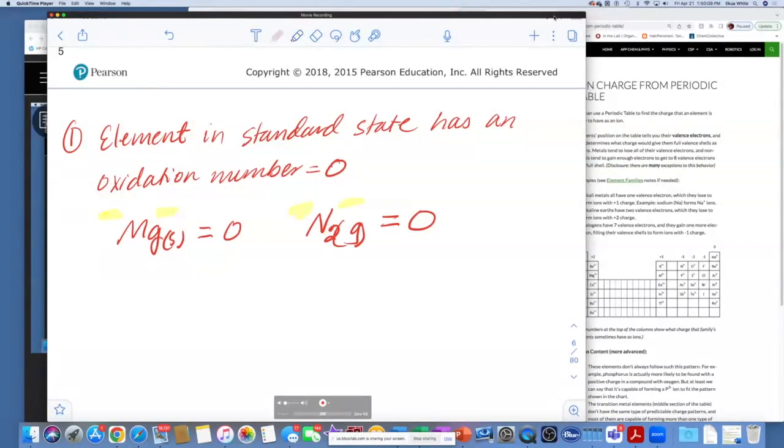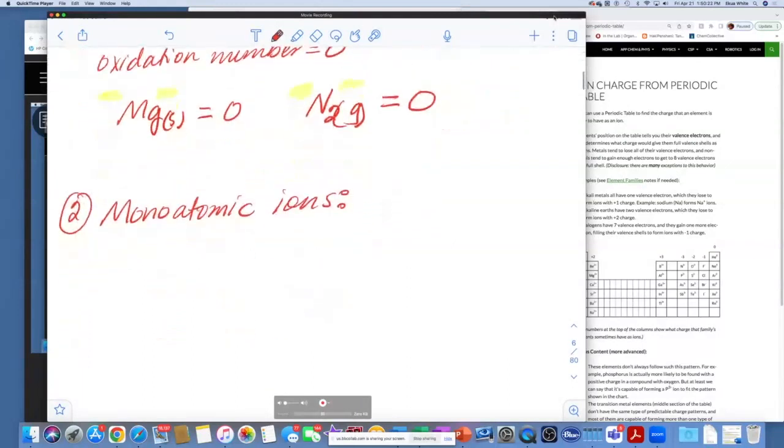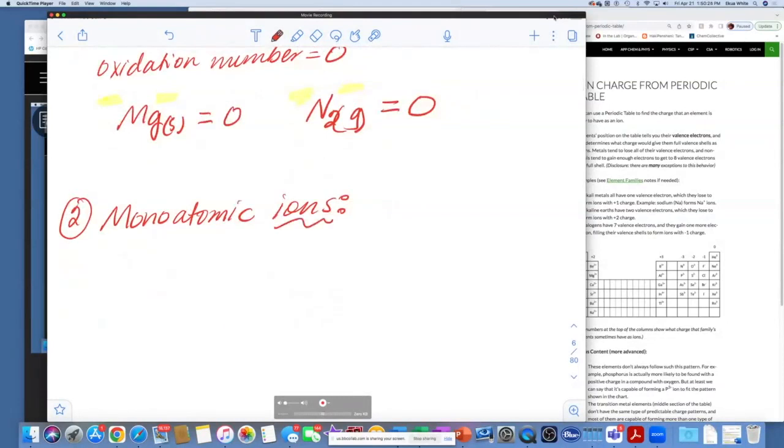Okay. Moving on. Rule number 2 applies to monoatomic ions. When it says monoatomic ions, this is referring to ions, right? Ions means that they have charge. They either have a positive charge or negative charge.